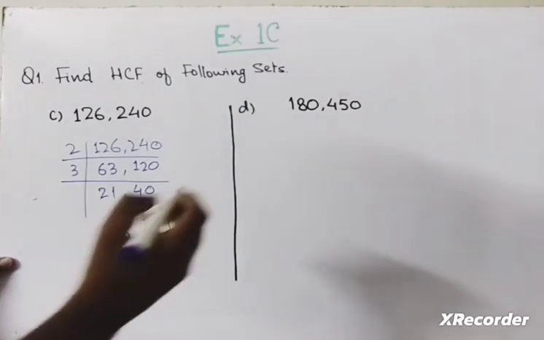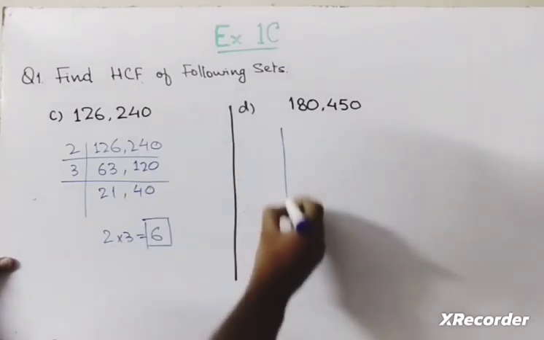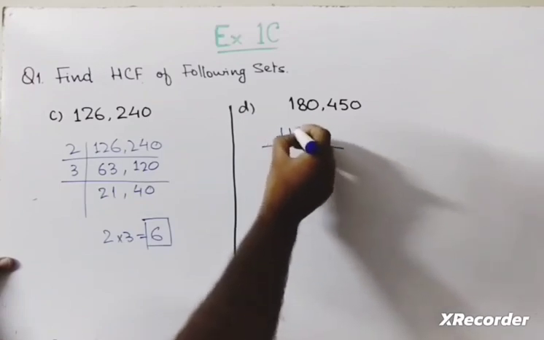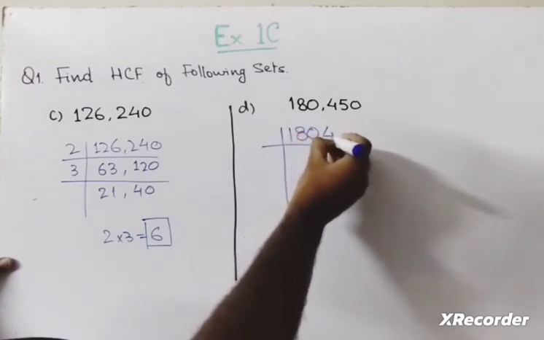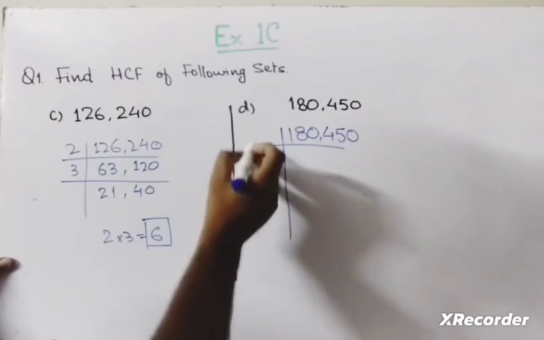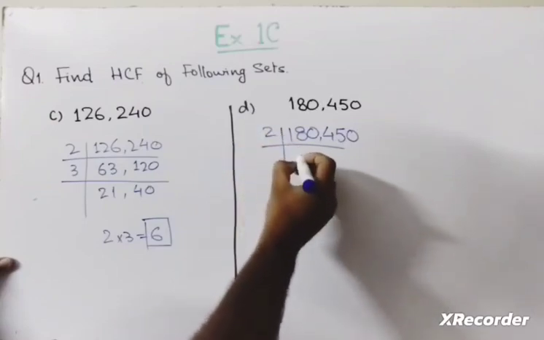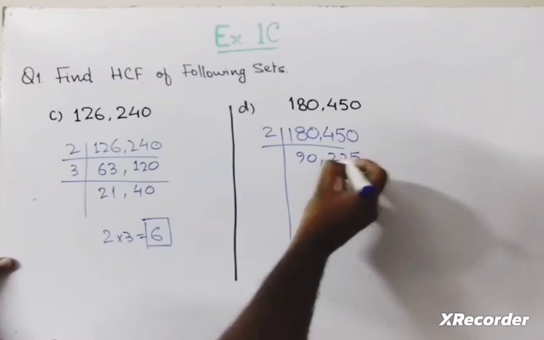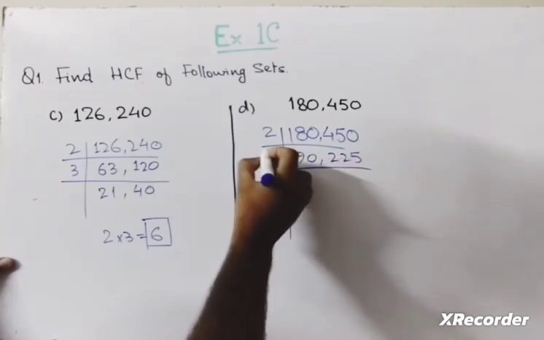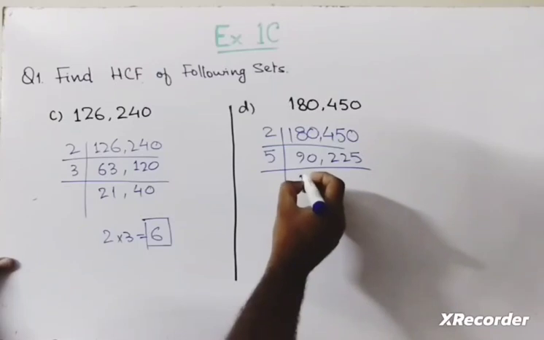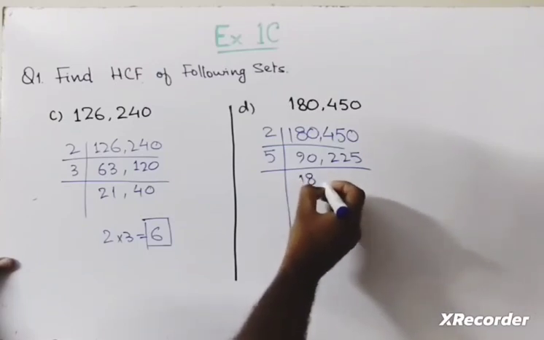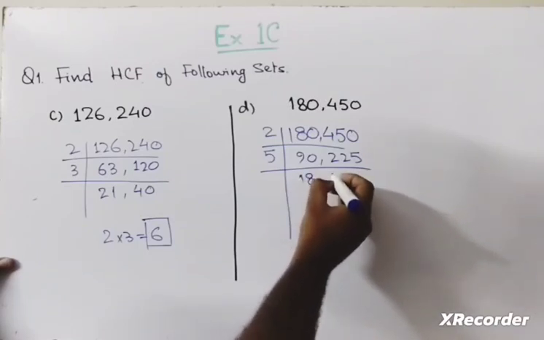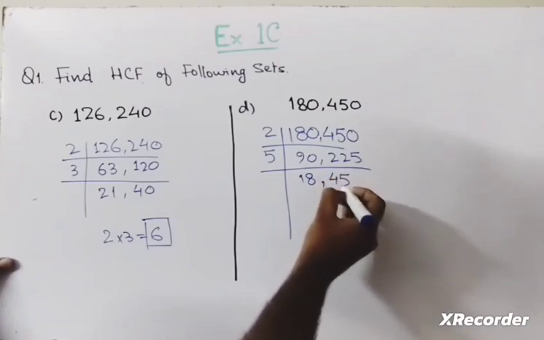Now part D, 180, 450. So we can divide by 2, we get 90, 225. By 5 we get 18 and 45.